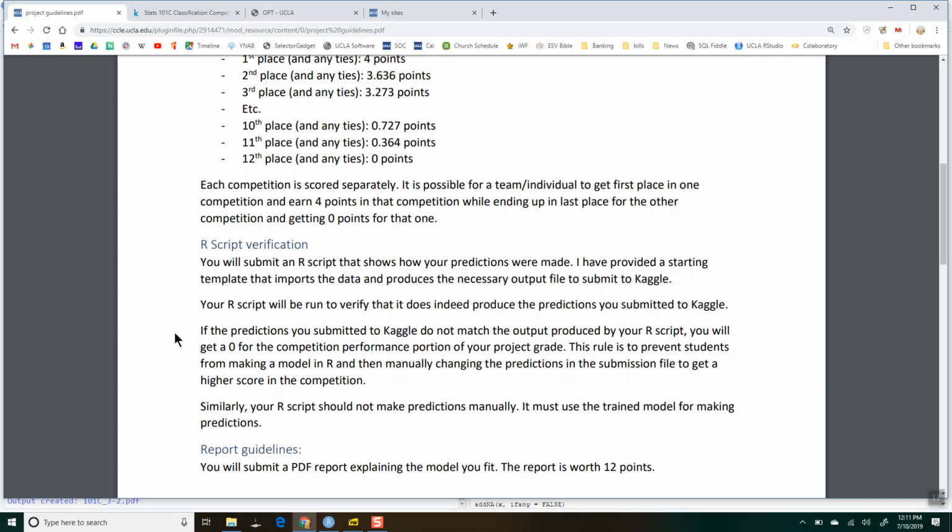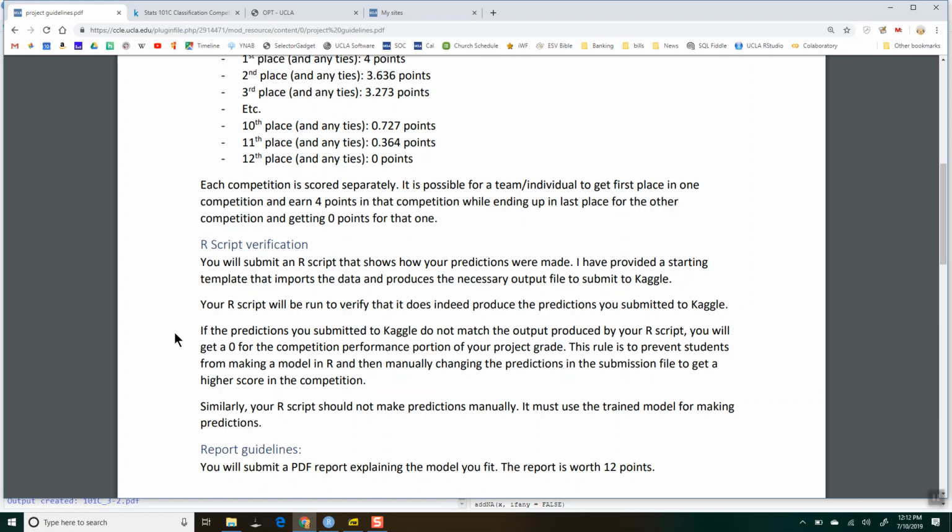So we don't have people gaming the system. Normally Kaggle prevents gaming by having the public leaderboard determined by a certain subset and a secret hidden private leaderboard determined by a different subset.